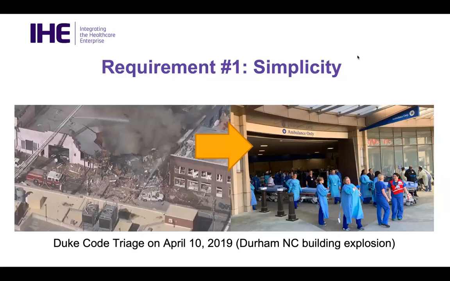Metadata is not the first thing, putting in an order is not the first thing people think about in these settings when there are a half a dozen people crowding around trying to keep a person alive. Putting in various lines and drawing blood, and there happens to be an ultrasound device nearby.